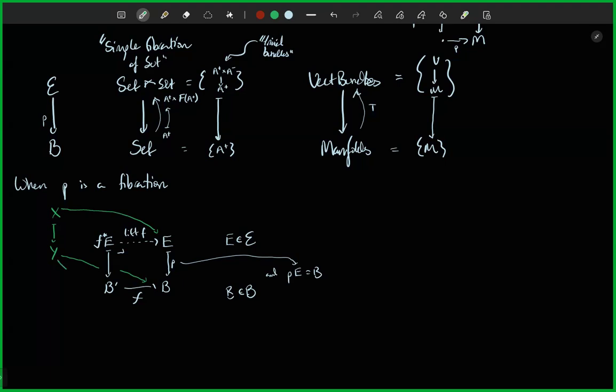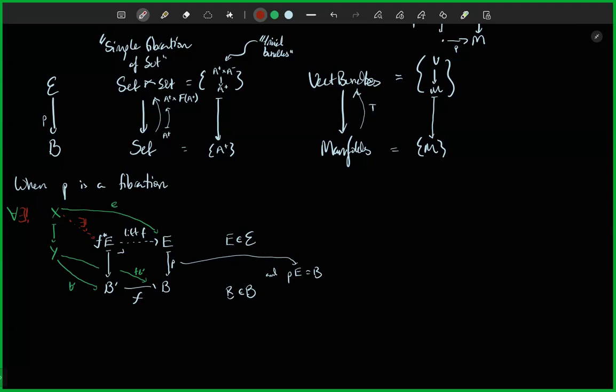and for any commuting square on the bottom, right? So I will write this as B prime, and this is F B prime, and this here is E. Then for any in the green, there exists a unique in the red, there exists a unique map of bundles like this, where every map of bundles maps down to the thing below it in the diagram.